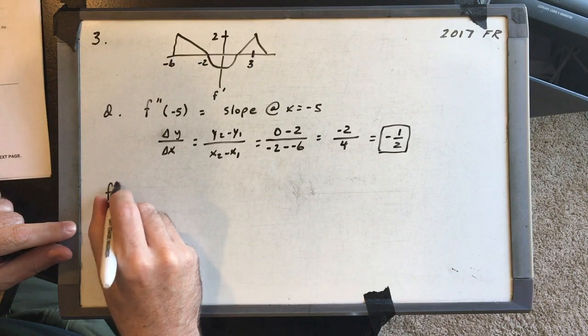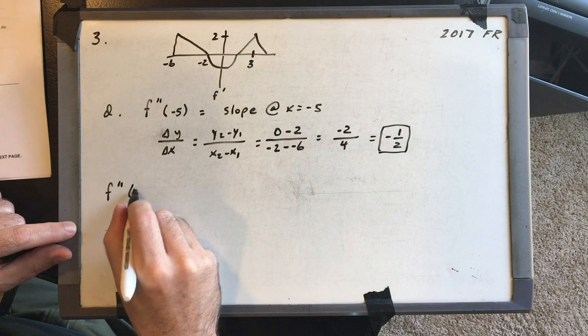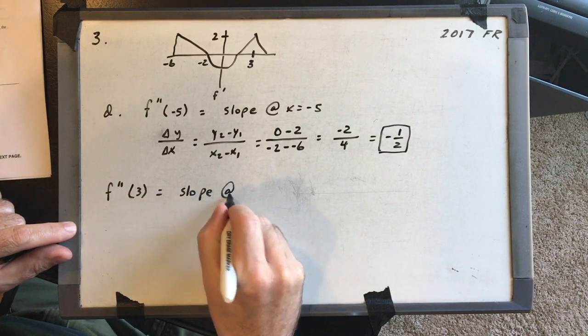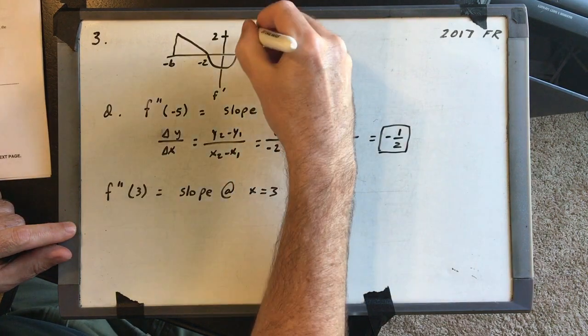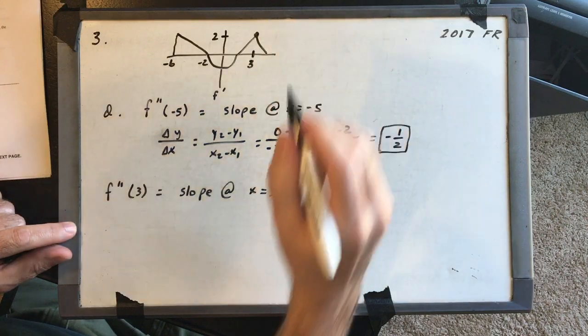Okay, f double prime of 3. That's going to be the slope at x equals 3. Well, can you get a slope? Is it the downhill one? Is it the uphill one?